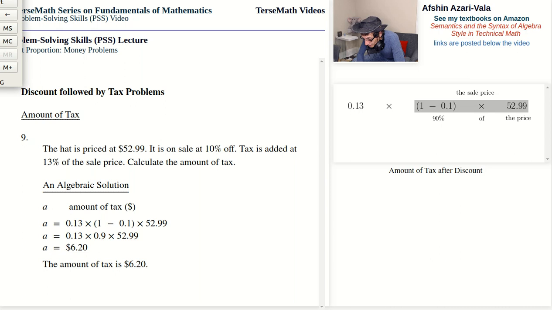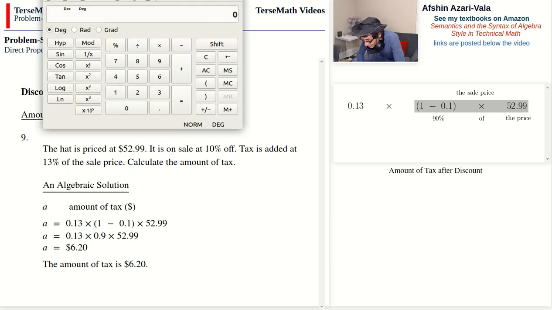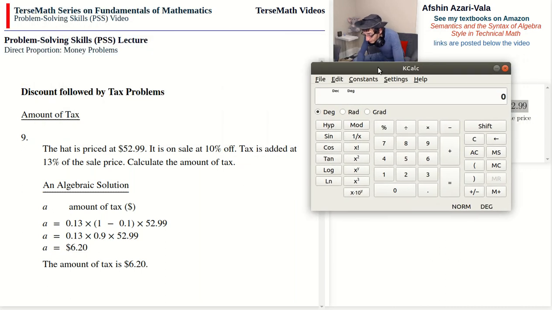Now again, this is extremely simple, exceedingly simple to work out on a calculator. Again, let's say you're on your feet, you're at a store, the item is priced at $52.99, 10% off, and you know that you have to pay 13% in taxes. So you enter the price, $52.99, then multiply by 0.9, because 10% off means you pay 90%.